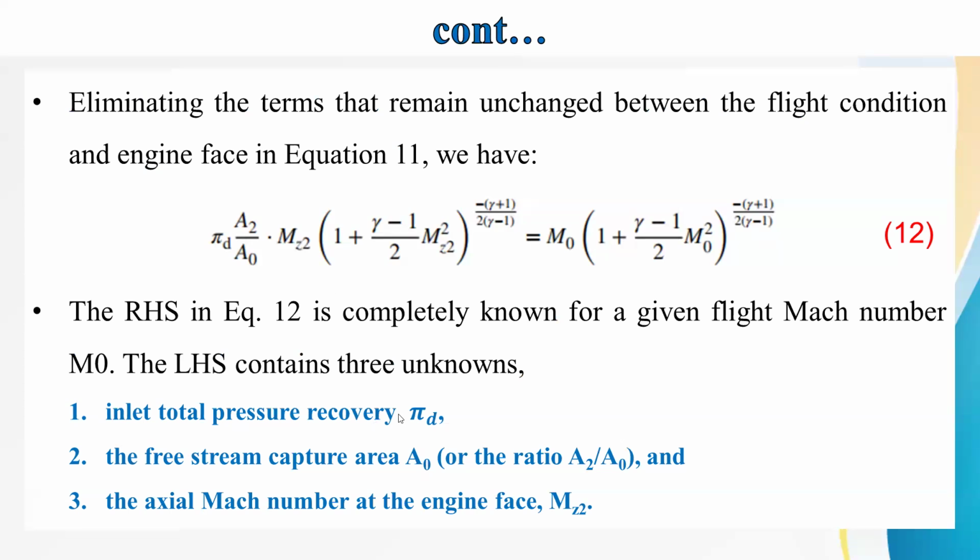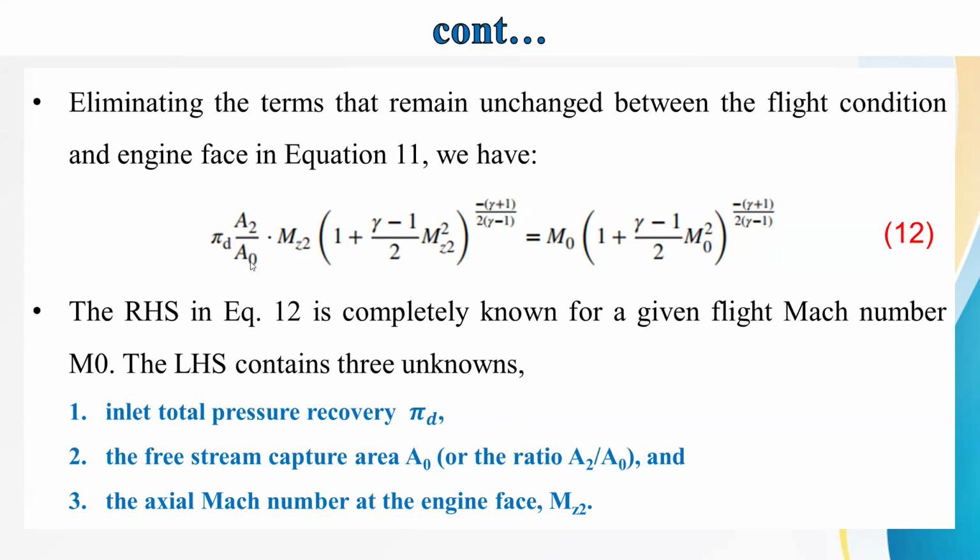So this equation is completely known for the given flight Mach number, M naught, and the left-hand side consists of 3 unknowns. Left-hand side means the one with MZ, pi d is not known.